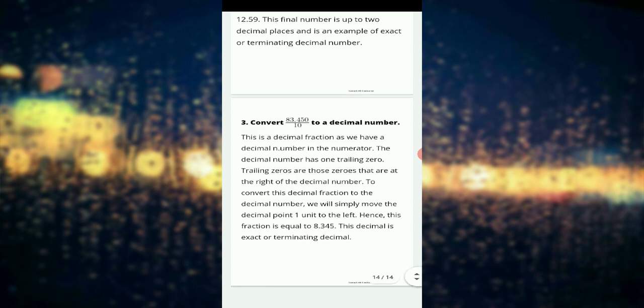Trailing zeros are those zeros that are at the right of the decimal number. To convert this decimal fraction to a decimal number, we will simply move the decimal point 1 place to the left. Hence, this fraction is equal to 8.345. This decimal is an exact or terminating decimal.